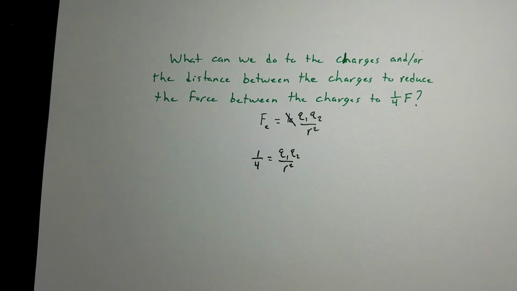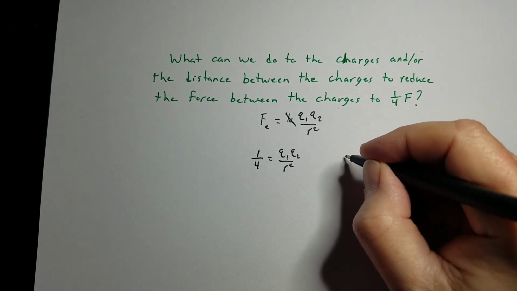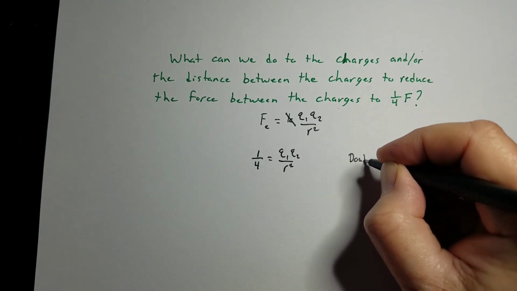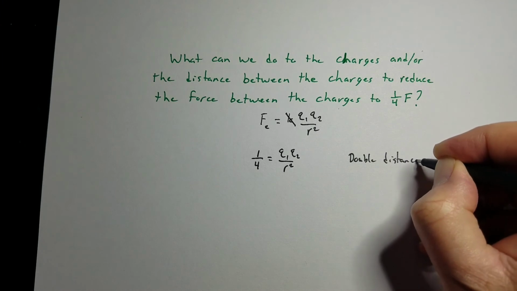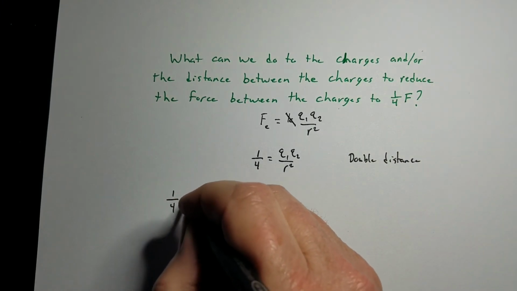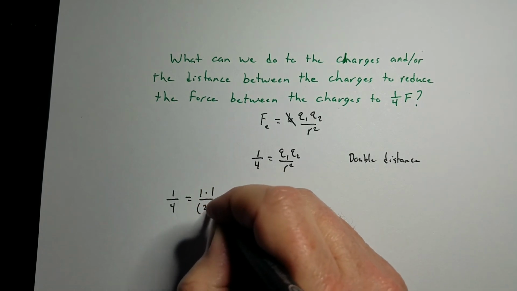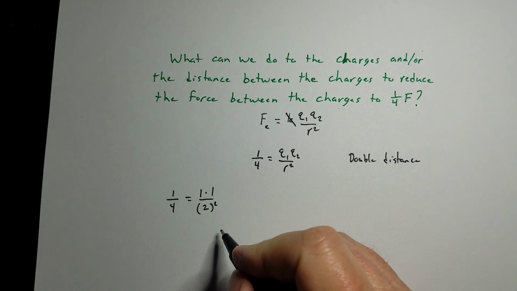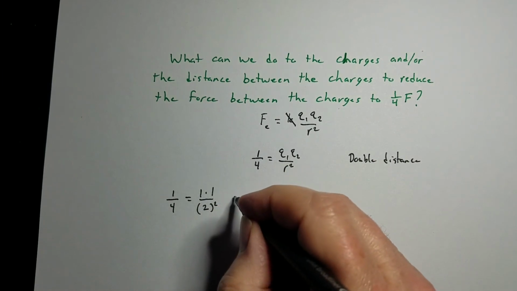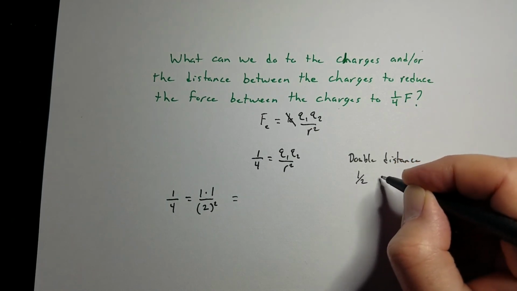Well, we have a lot of options. One, we could double the distance. Because if we do that, let's string these out, 1/4. If we keep both charges the same and double the distance, that will be 1/4 as much. Or let's say we can halve both charges.